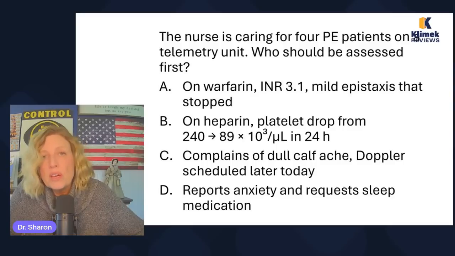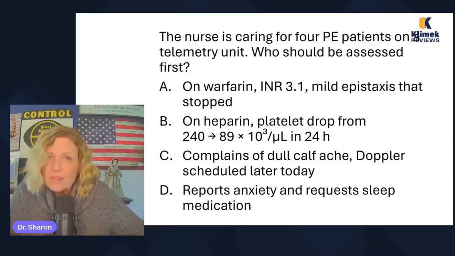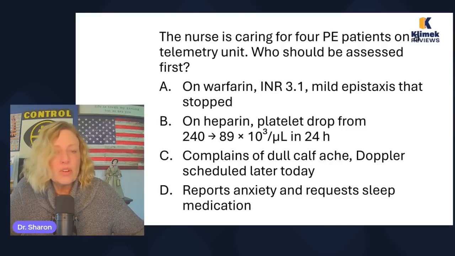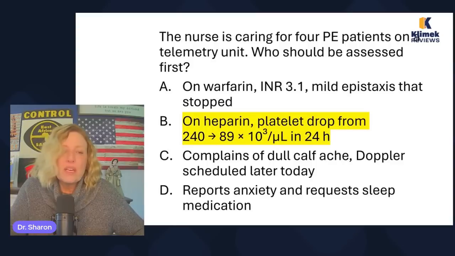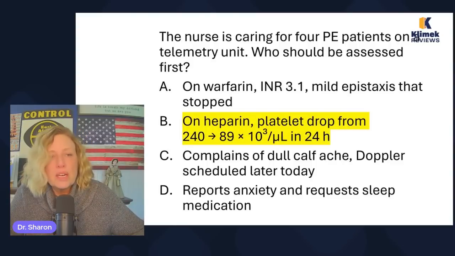The number one cause of a PE is a DVT. So does it surprise us that someone might have a DVT? Of course not. That's not going to surprise us. And they're scheduled for the test that they should have scheduled. So it's all good. Reports anxiety and requests sleep med. Those are very vague symptoms. It's not enough for me to be concerned about. So I have to be concerned about the heparin-induced thrombocytopenia.